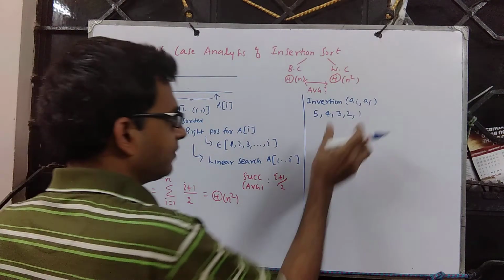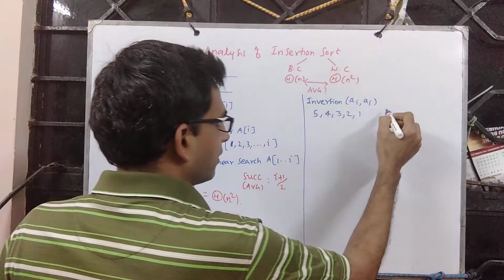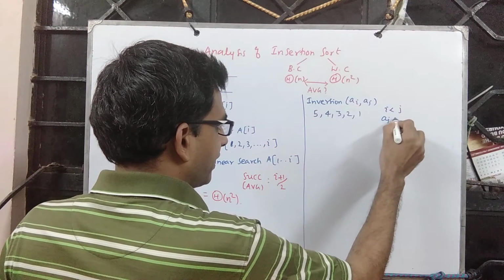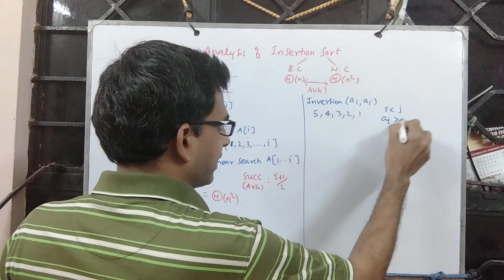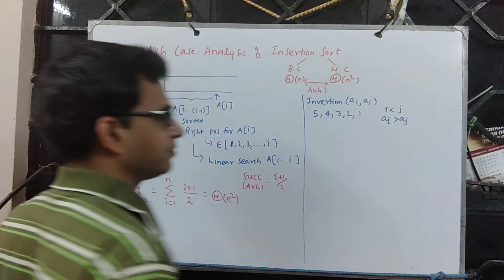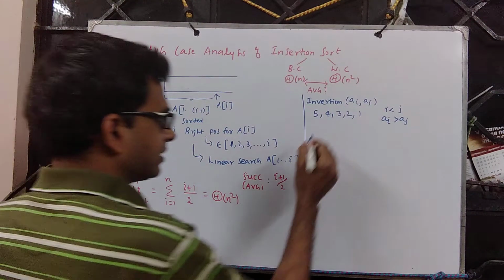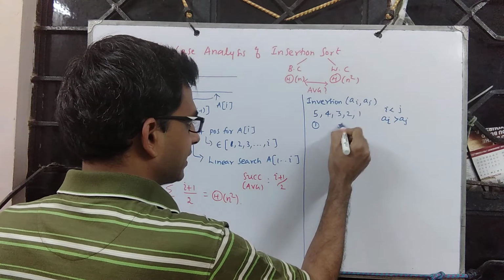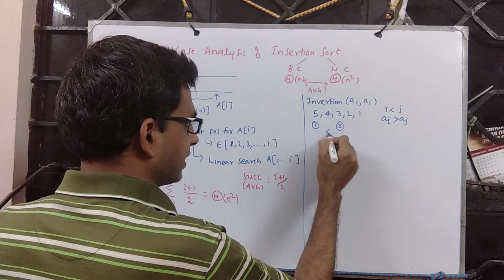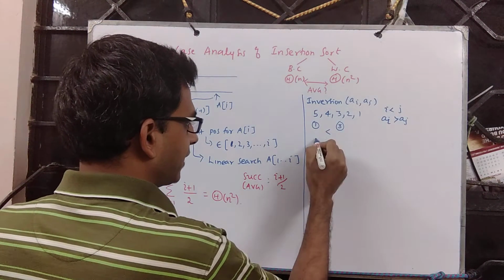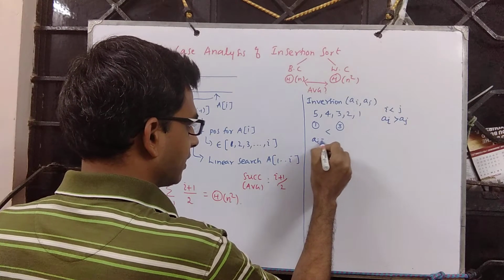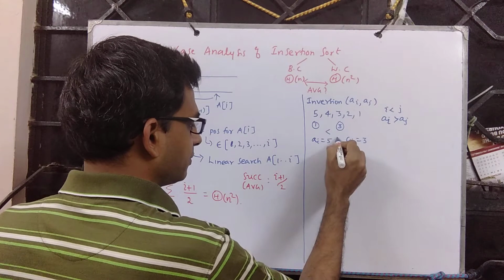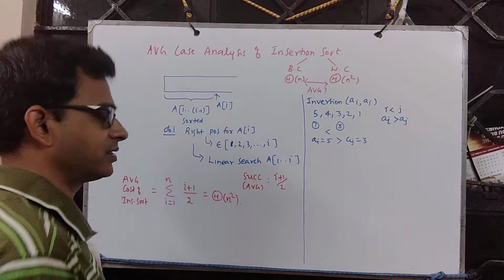We say there is an inversion between a pair if i is less than j and A of i is greater than A of j. So the index over here is 1, over here the index is 3. So i is less than j. But look at the value. A of i is 5 and A of j is 3.